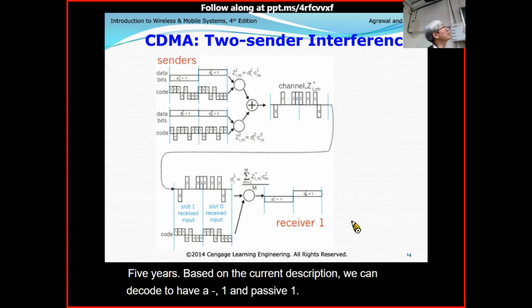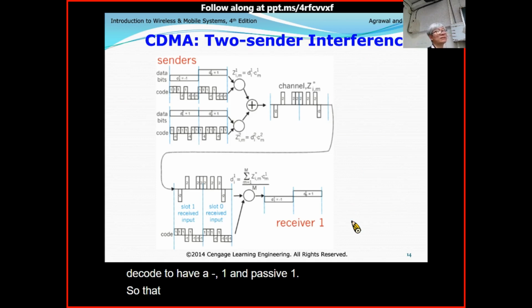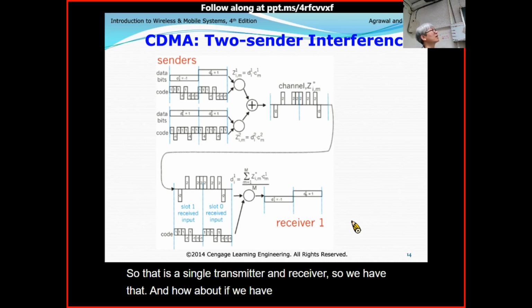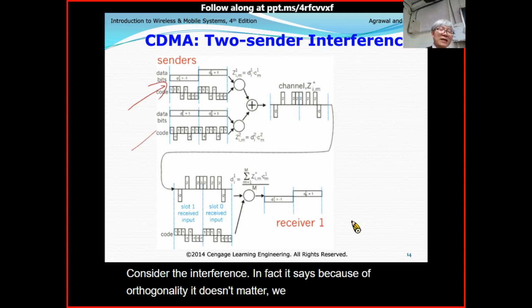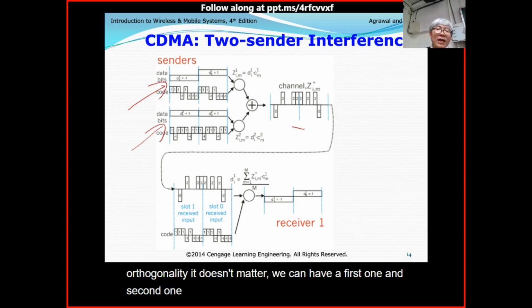Well, so that is a single transmitter and receiver. And how about if we have two senders, so that we consider the interference. In fact, because of orthogonality, it doesn't matter. We can have the first one and second one and put them together. We have the signal.